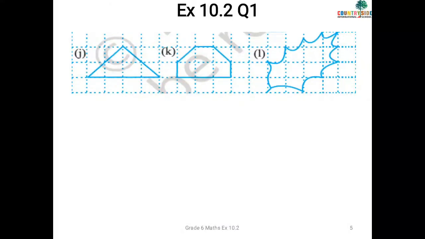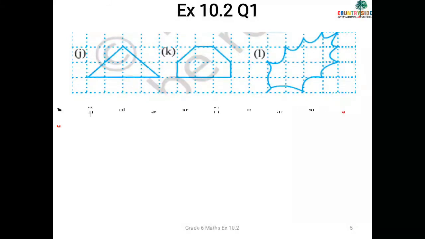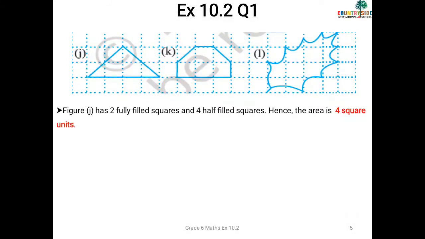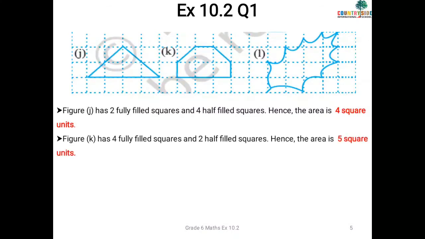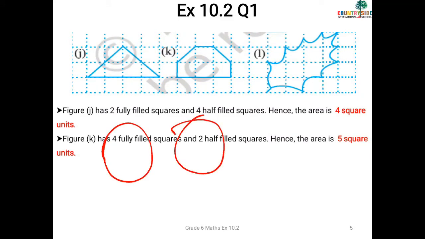Take your time, give a try and let me know the answer. So J has 2 full and 4 half, so that is 2 plus half plus half plus half plus half, so it will give the total of 4. In the K part, 4 full and 2 half, so 4 plus half plus half that is 1, so 4 plus 1 that is 5.